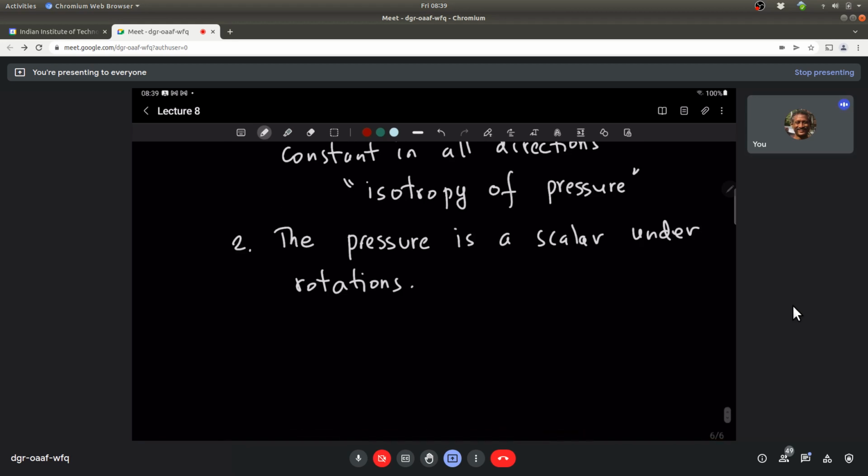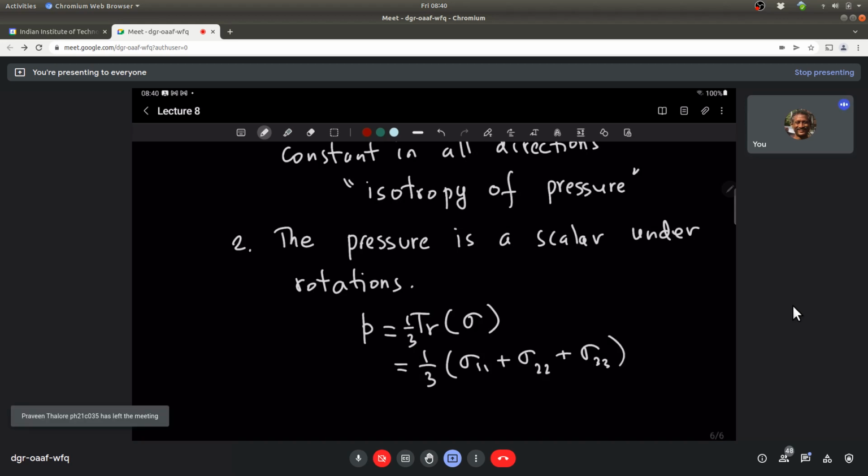There is a definition which makes this clear: pressure is written as the trace of something called the stress tensor, which is a second rank tensor. Don't get scared. It's symmetric, and this is something you can compute in a fluid.